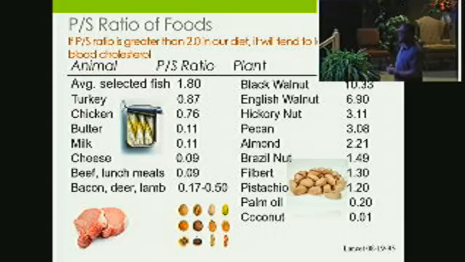They figure it out, huh? Maybe if we domesticate a few squirrels and put them to work. I'm kidding. But as you can see, the significant difference, pistachio, that's expensive, but also has a pretty good high PS ratio. And just another way of seeing how the plant stuff is better for us.